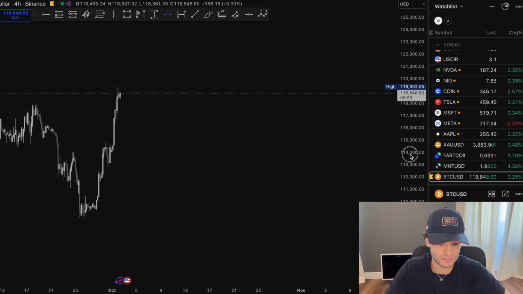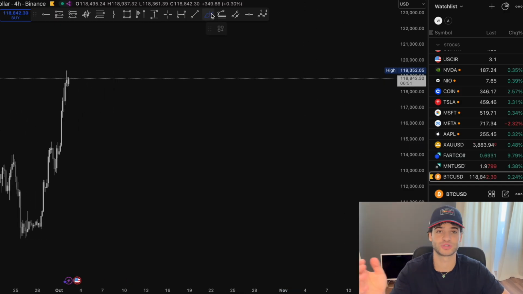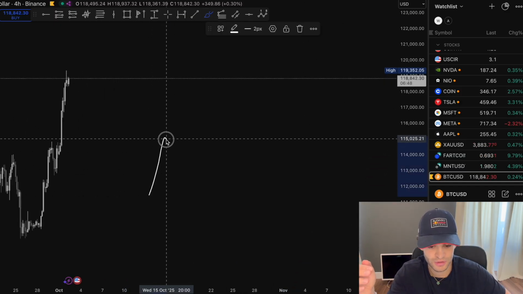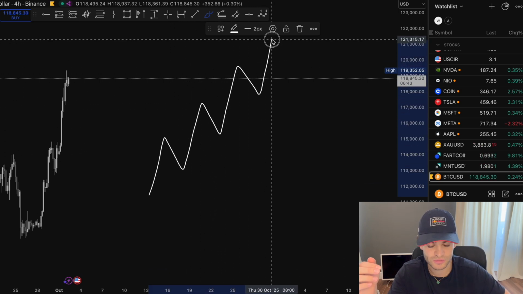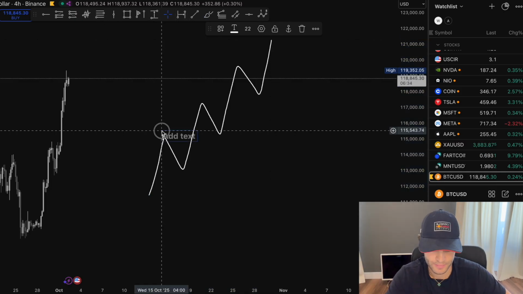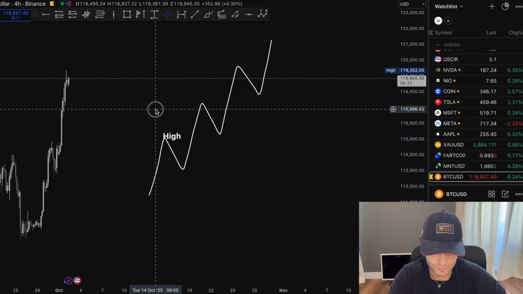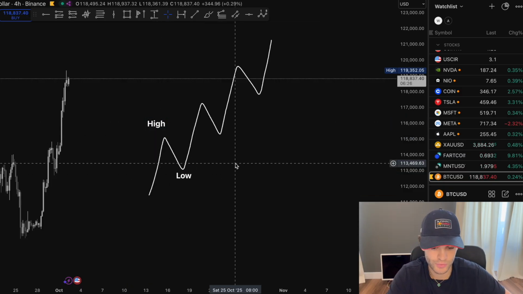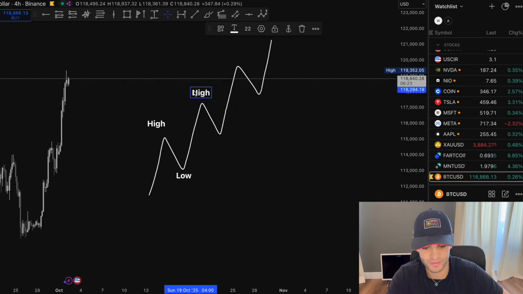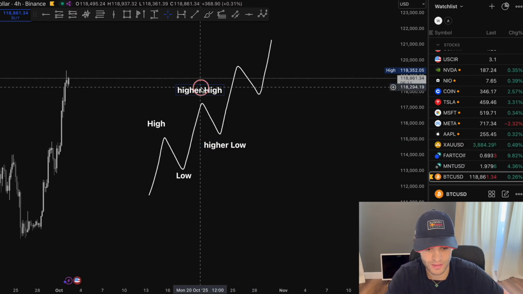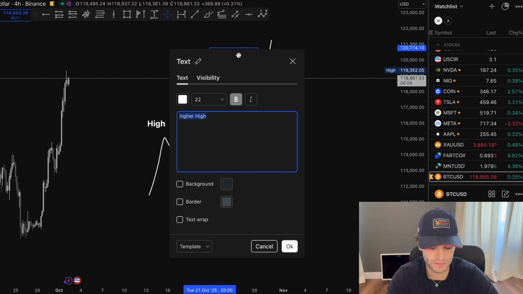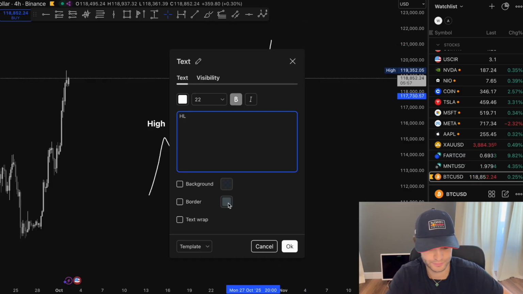So very basic theory about market structure. We have a bullish market structure when we put in higher highs and higher lows. So this is what a bullish market structure looks like. We have a high, a low, and then we have a higher high, a higher low, and then once again, higher high and higher low, right?